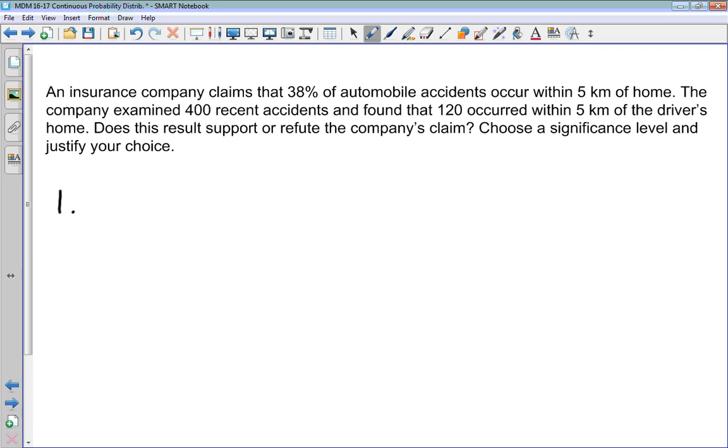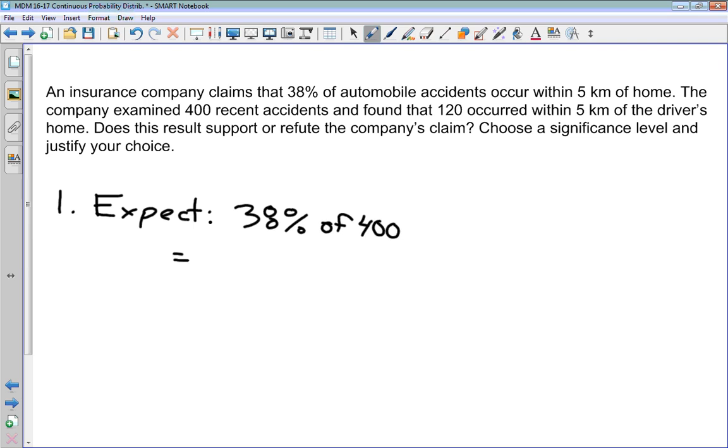So first off, what do we expect to find here? Well, we expect that if 38% of the automobile accidents occur within 5 kilometers of home, and we look at 400 of these accidents, we expect that 38% of those 400 will occur within 5 kilometers of home.